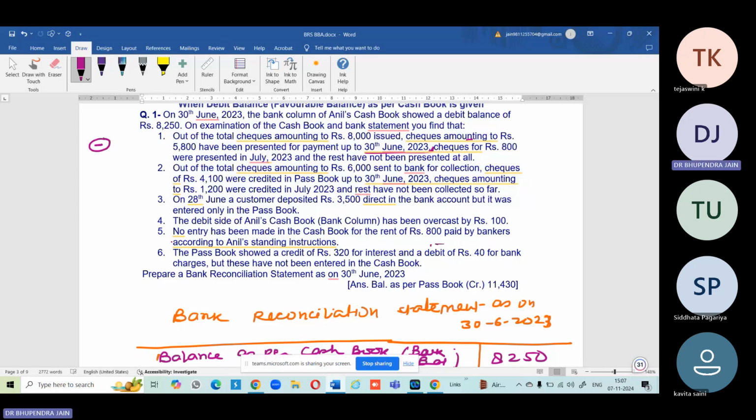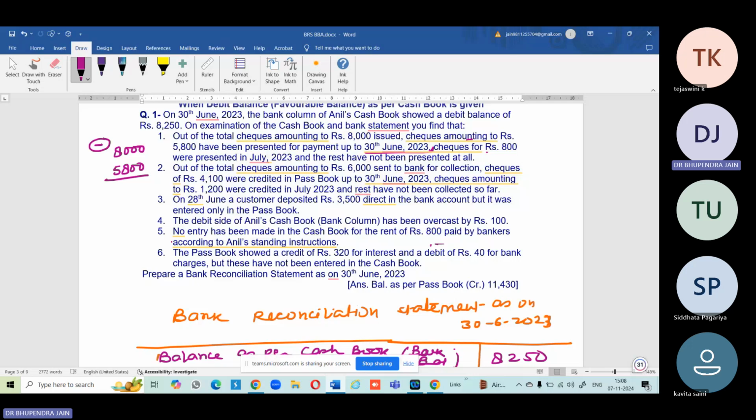But the checks for rupees 800 were presented in the month of July, and we are preparing the bank reconciliation statement as on 30th June. And the rest have not been presented at all. So how much amount has the accountant deducted? The accountant has deducted 8,000 rupees. And how much amount was deducted by the bank? The bank has deducted only rupees 5,800.